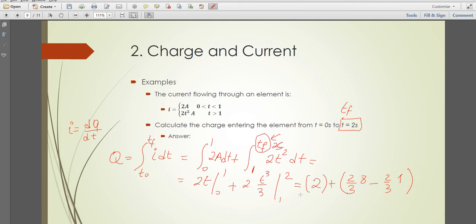So if you do this, this is 2 plus 16 minus 2, that's 14, over 3. Am I right? 16 over 3. No, 14. That's 16, right, but minus 2 here, 16 minus 2, 14 over 3. Final answer will be 2.518. The final answer should be 6 point something, right?